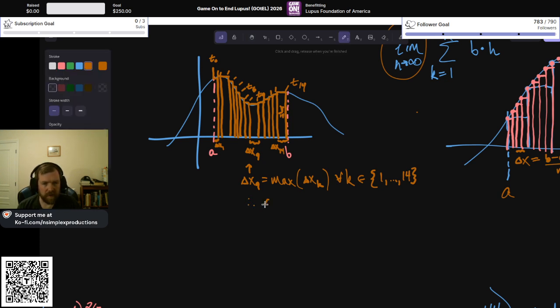Therefore, delta x 9 is equal to the mesh of, no, it's not quite a function, is it?